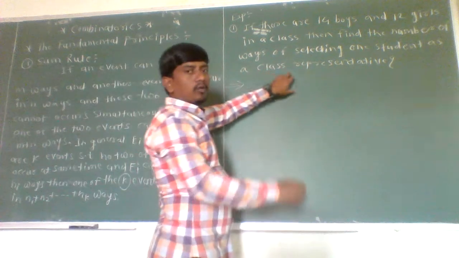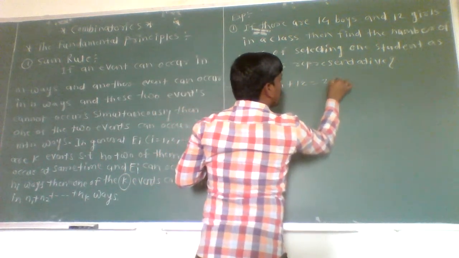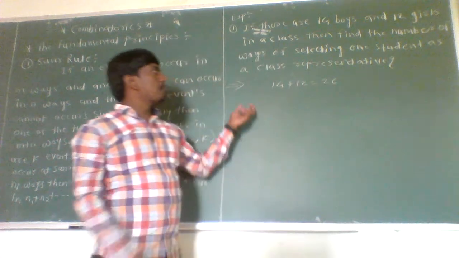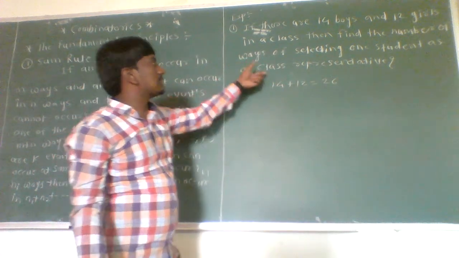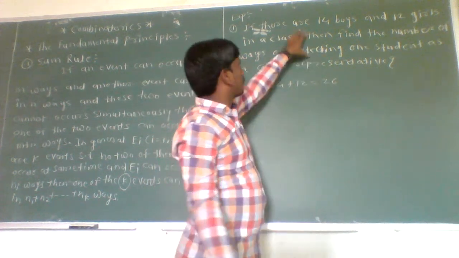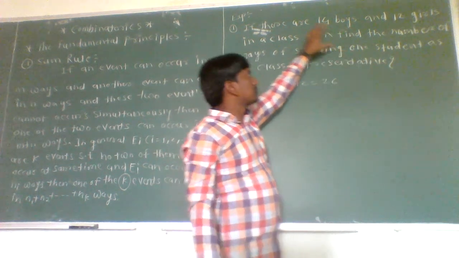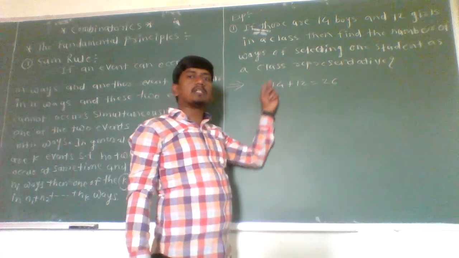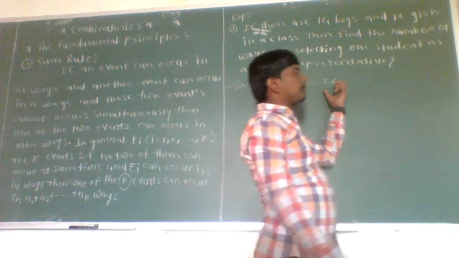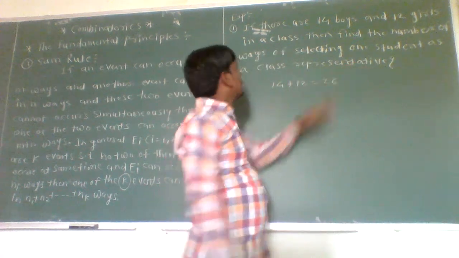Here we can't take two students as class representative, so we can use the sum rule. Then 14 plus 12 is equal to 26. So the number of ways of selecting one student as a class representative is 26. There are 14 possibilities for boys and 12 possibilities for girls, so there are a total of 14 plus 12 equal to 26 possibilities.